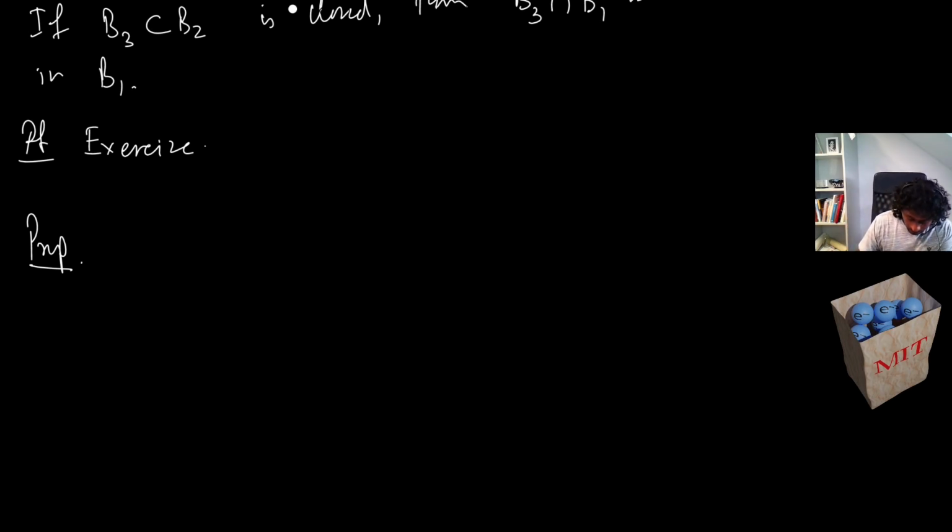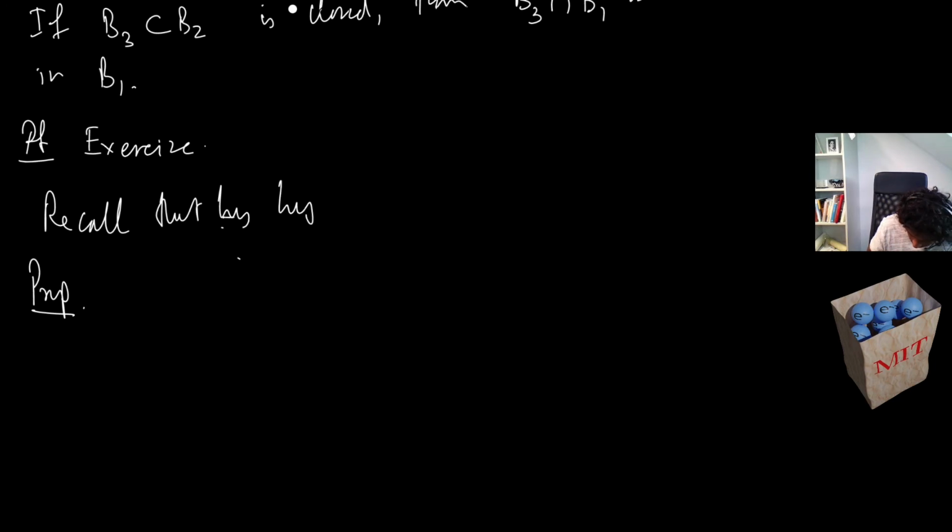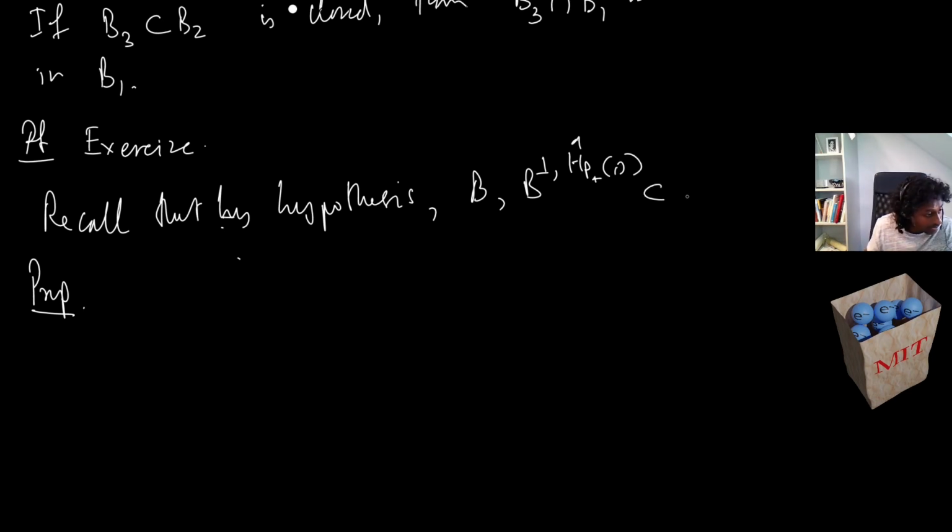So by hypothesis, recall, maybe I'll write it before the proposition, that B and B perp, H hat P plus of D, these are both contained in H half.